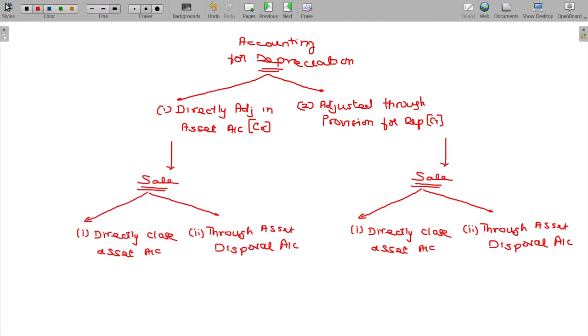So let me now solve an illustration under the first model, first subdivision. In the model solve பண்ணி காமிக்கிறேன். You have to be master with this item, how to handle this accounting in our books.